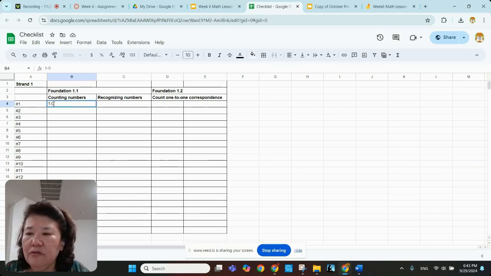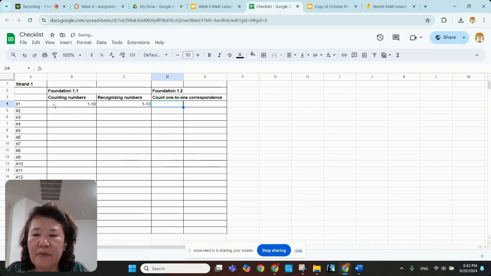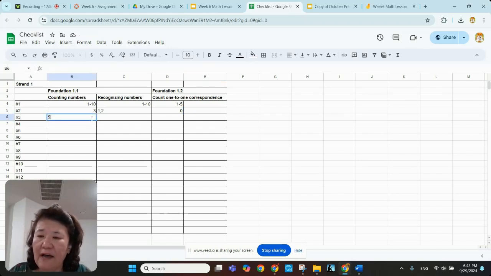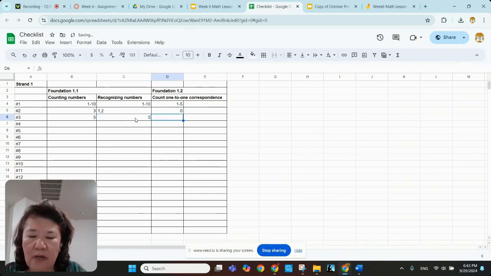So I'll check counting up to 10 without missing numbers and recognizing numbers 1 to 10, and counting with one-to-one correspondence 1 to 5, and counting numbers up to 3, recognizing only number 1 and 2, and counting 0, or counting numbers 5, recognizing number 5, and counting 1 to 3.